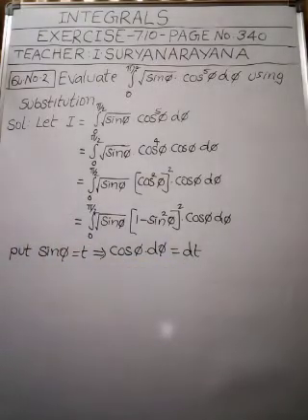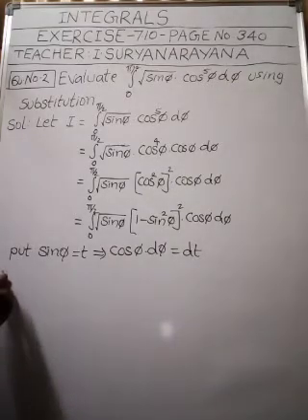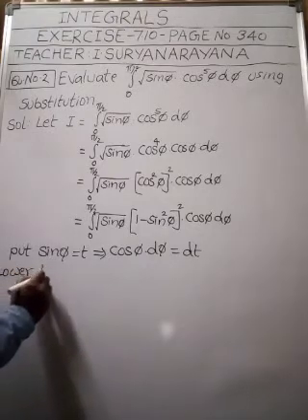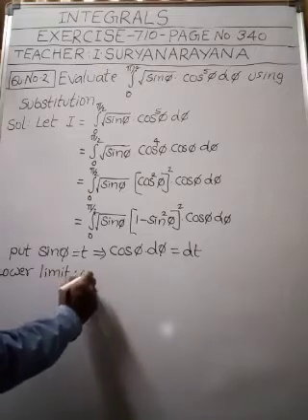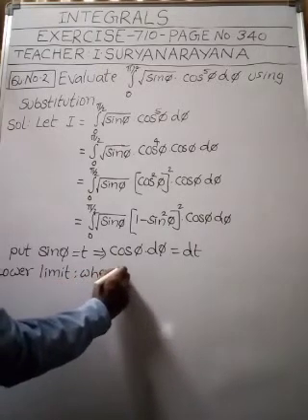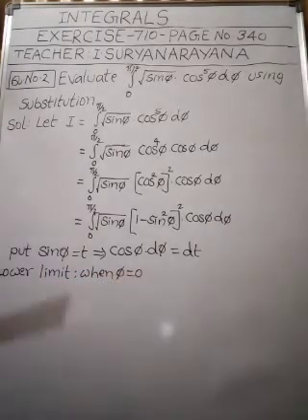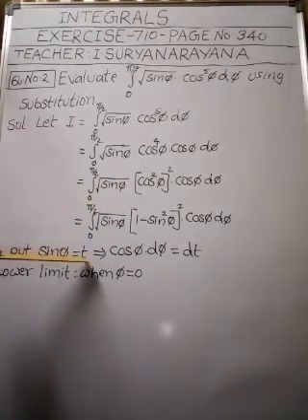And here I told you I am following the second method, which means I am changing the limits of the integral according to the new variable. What is the new variable here? t is the new variable. Okay, my children, right. So lower limit: here the variable is phi, here the variable is t.